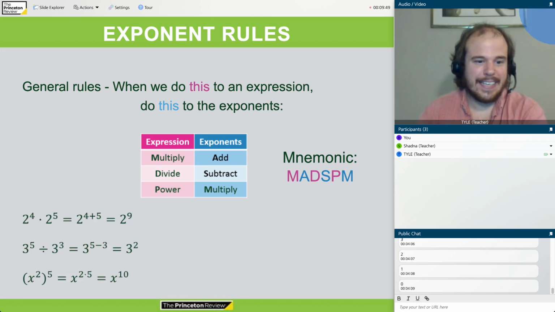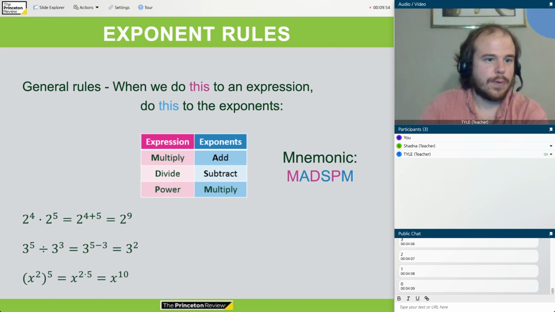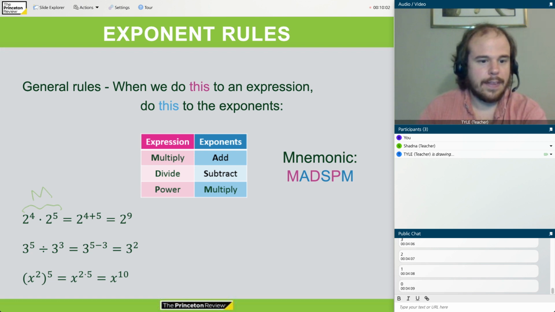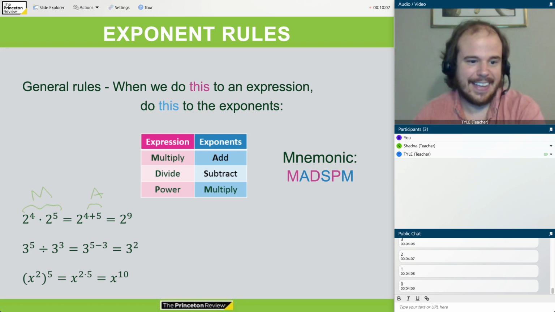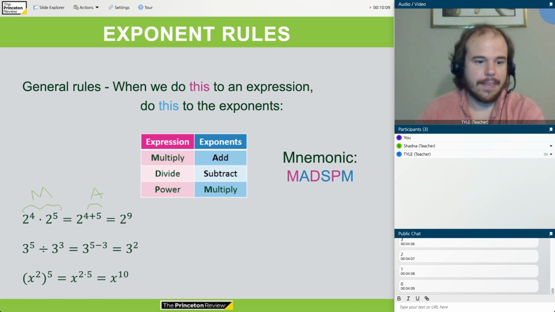So we can see a few examples. 2 to the 4th times 2 to the 5th. In this case, we are multiplying, and so, therefore, we add the exponents. 2 to the 9th.